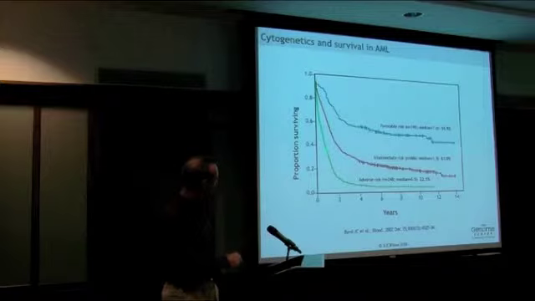There are some patients that you will find things in their cytogenetics analysis, and they have a very poor risk. You can see here that a great bulk of them won't survive 2 years post-diagnosis.